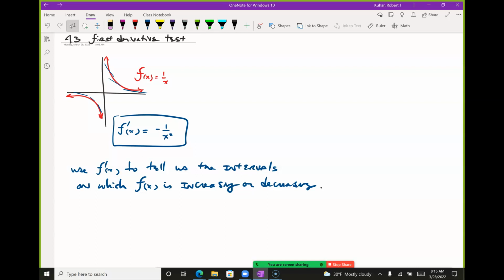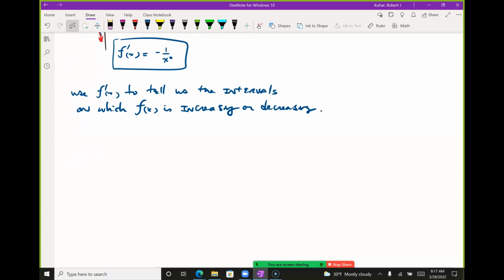If you remember how horrible that was in pre-cal, where we had to tell if the function was above the x-axis or below the x-axis, and you had the grid and test values and all of that. If you don't remember that from pre-cal, you should, because it happens here.